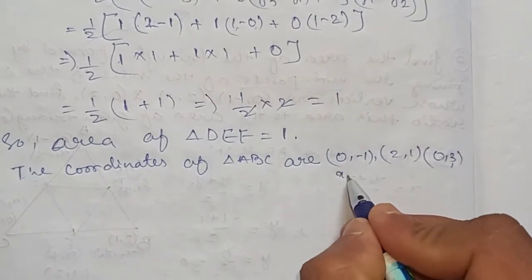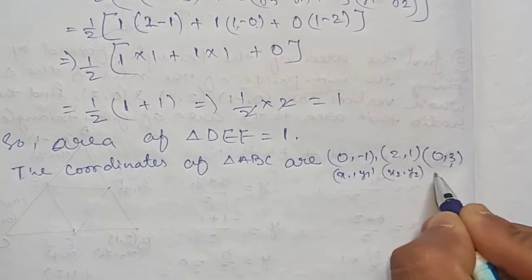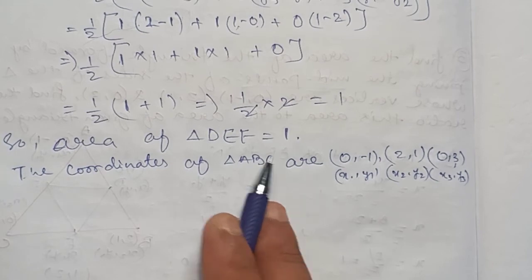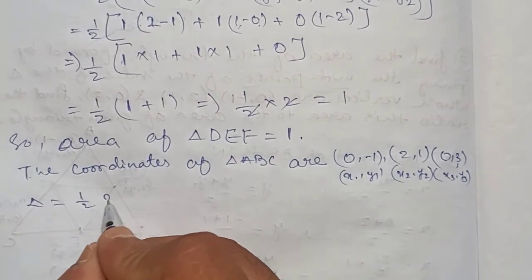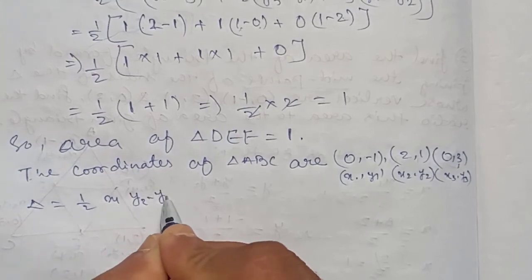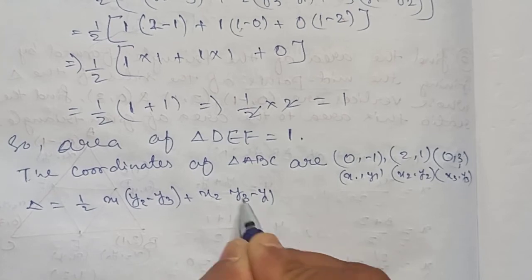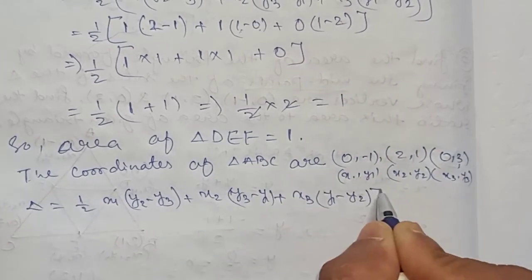We take these as x1 y1, x2 y2 and x3 y3. We will use the area formula: area equals half [x1 (y2 minus y3) plus x2 (y3 minus y1) plus x3 (y1 minus y2)].